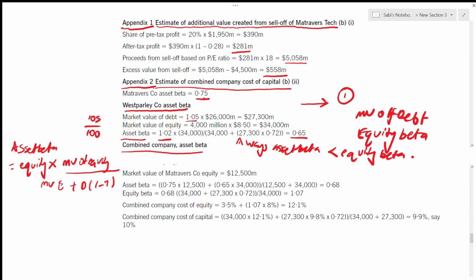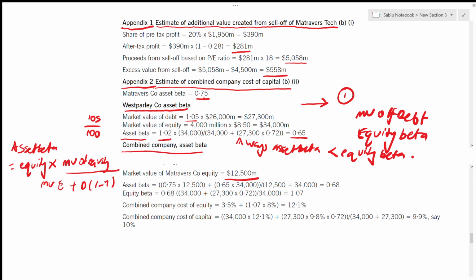So you know the asset beta. First, we'll start with Matt Trevor because it is given to you, so it's easy to work out. 0.75, because the asset beta of Matt Trevor is 0.75, multiplied by 12,500, because the market value of equity is 12,500. You have to multiply by the market value of Matt Trevor.